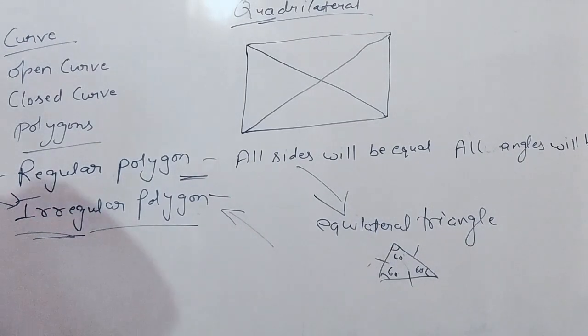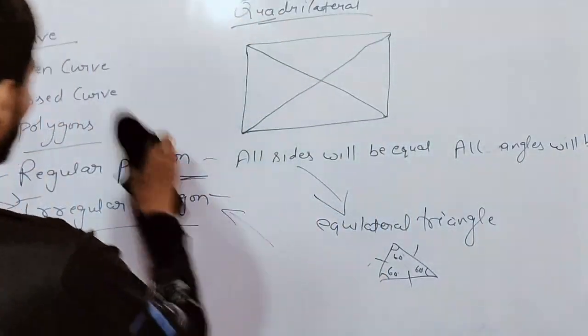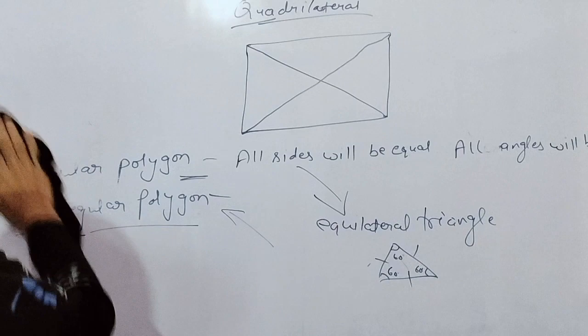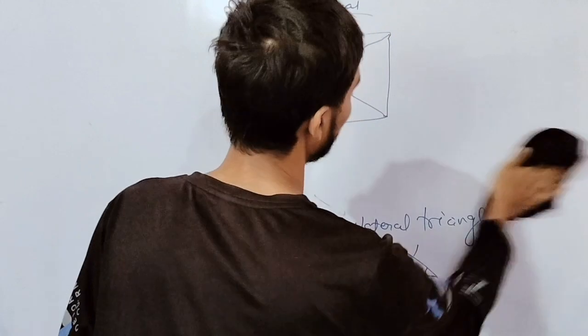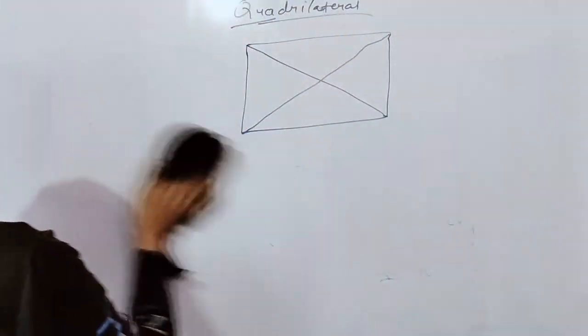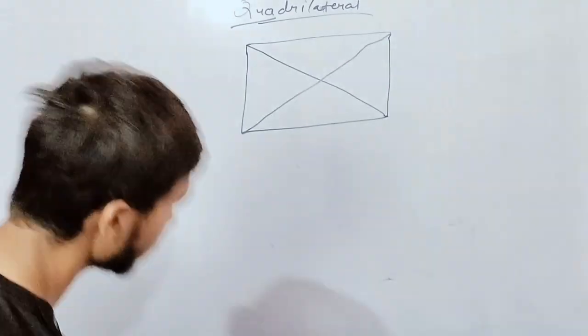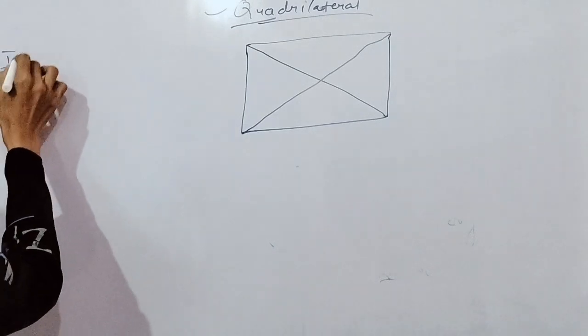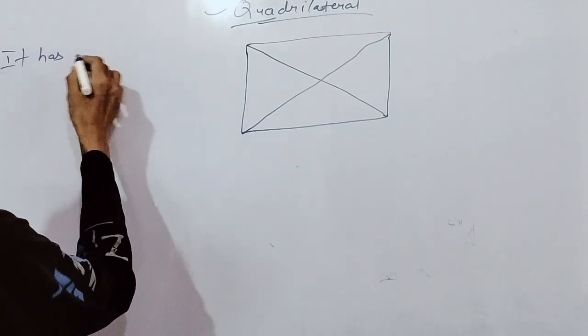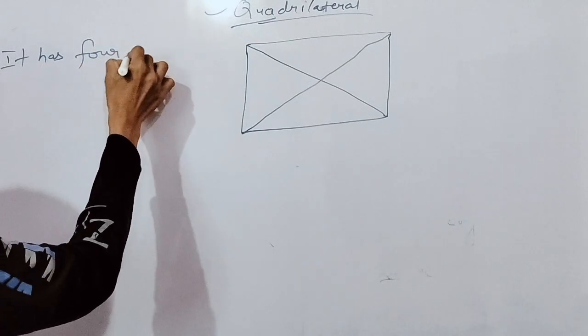Now let's come to the quadrilateral. This is a quadrilateral. Quadrilateral means it has 4 sides.